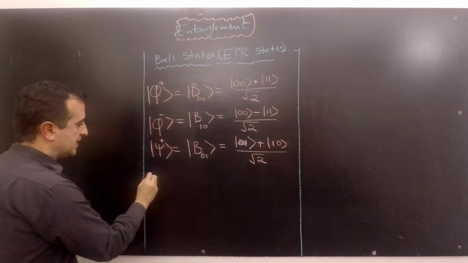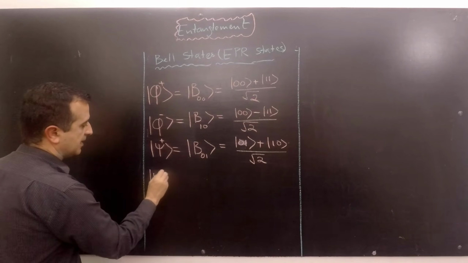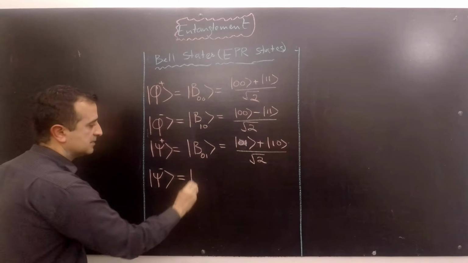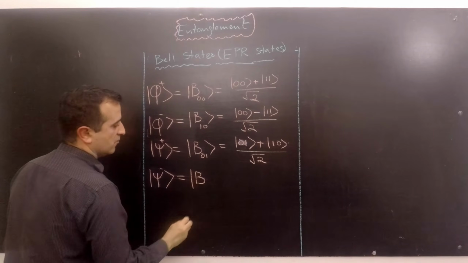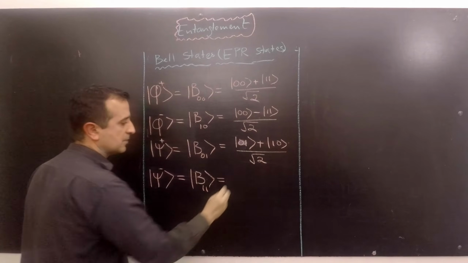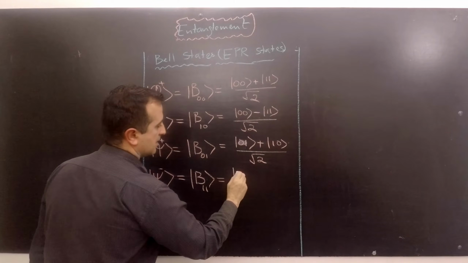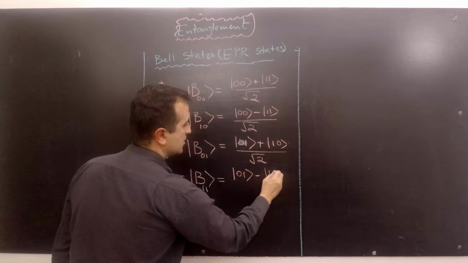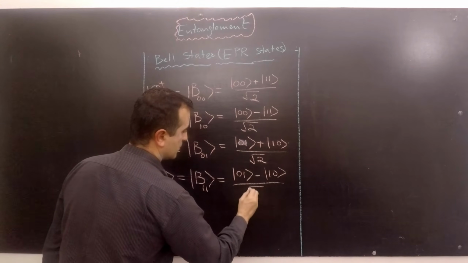The final Bell state is ket psi minus, also known as Bell state 11, and is equal to ket 01 minus ket 10 divided by square root of 2.